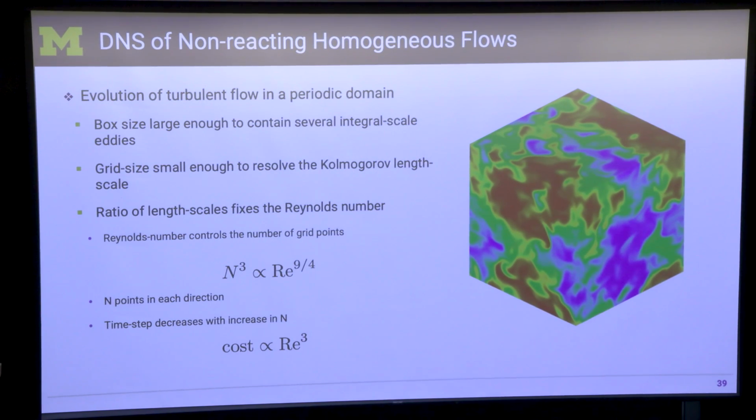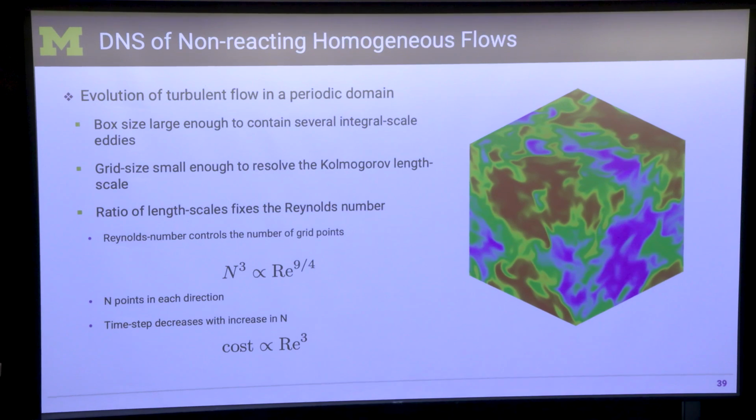You cube it, that's L divided by eta whole cube. This is the Kolmogorov scaling law. L divided by eta is proportional to Reynolds number power 3 over 4, right? And so if I cube it, I get Reynolds number power 9 over 4.